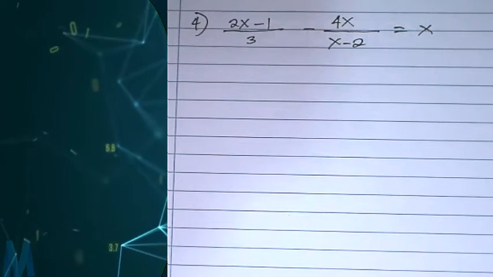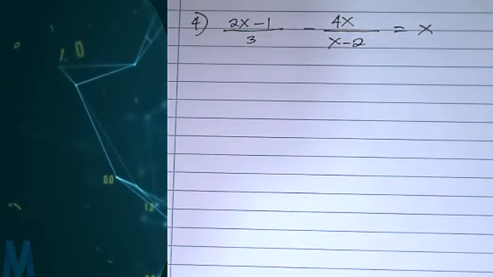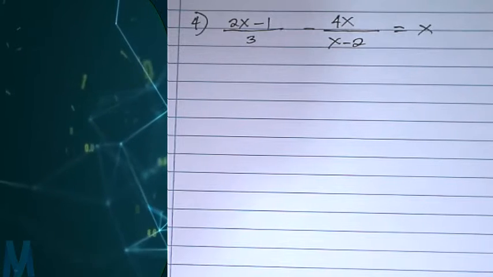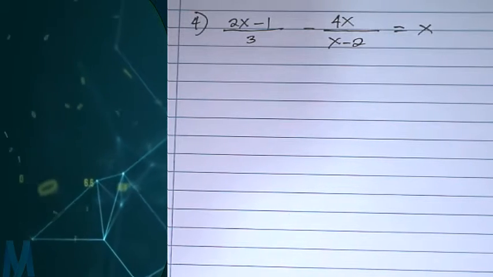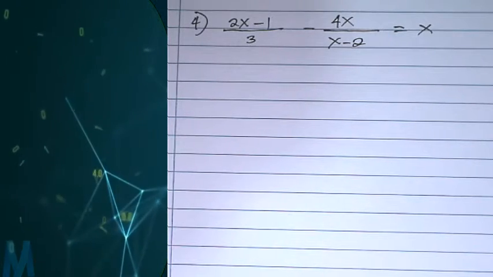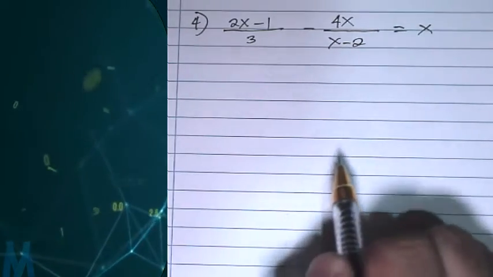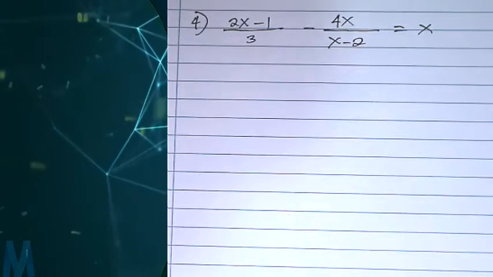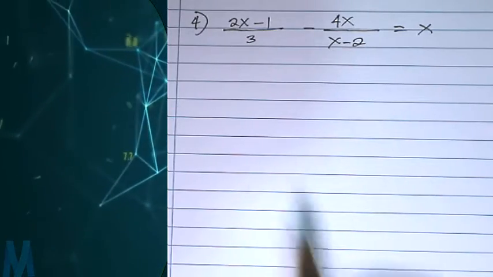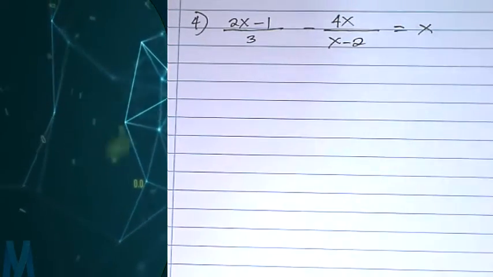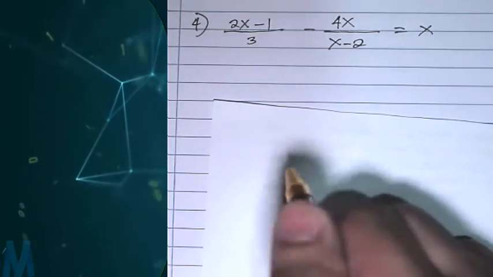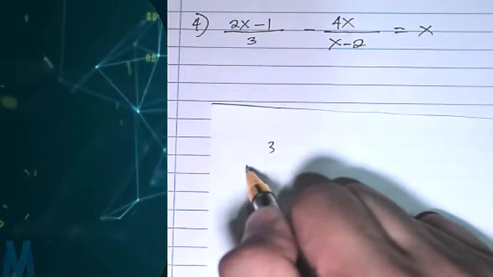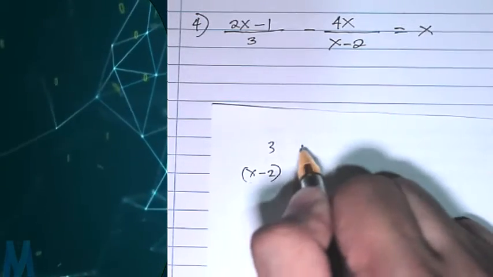Okay, so next we have 2x minus 1 over 3 minus 4x over x minus 2 is equal to x. Okay, so let us first get the LCM of 3 and x minus 2. So we have here 3 and x minus 2.